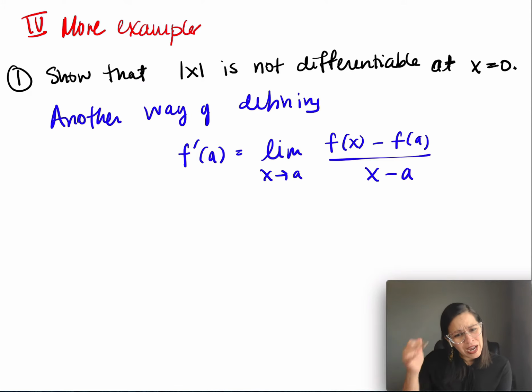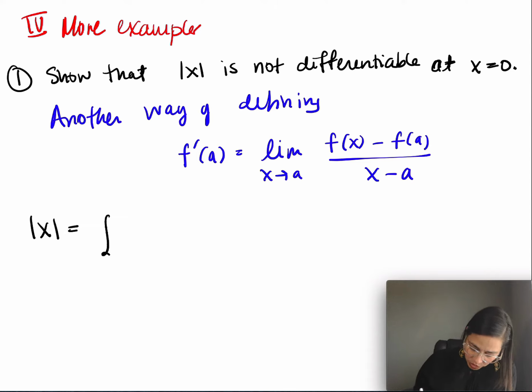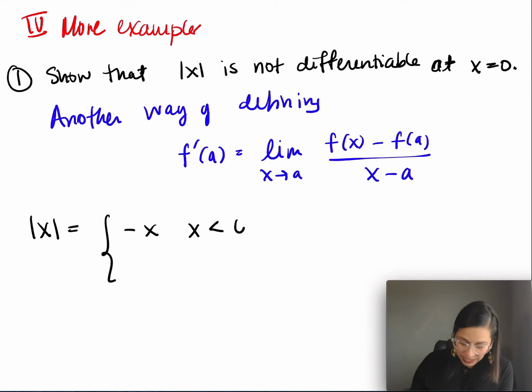But before I do it, I have to go back and think of what the definition of the absolute value is. And I know that the absolute value of x is equal to, well, the opposite of x if x happens to be negative, and x if x is greater than or equal to 0, okay?